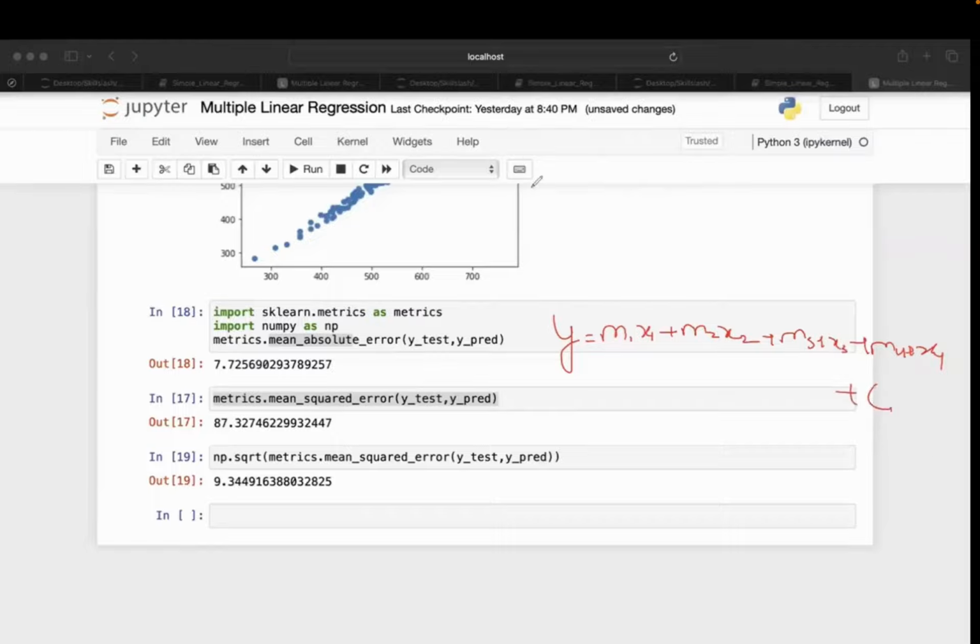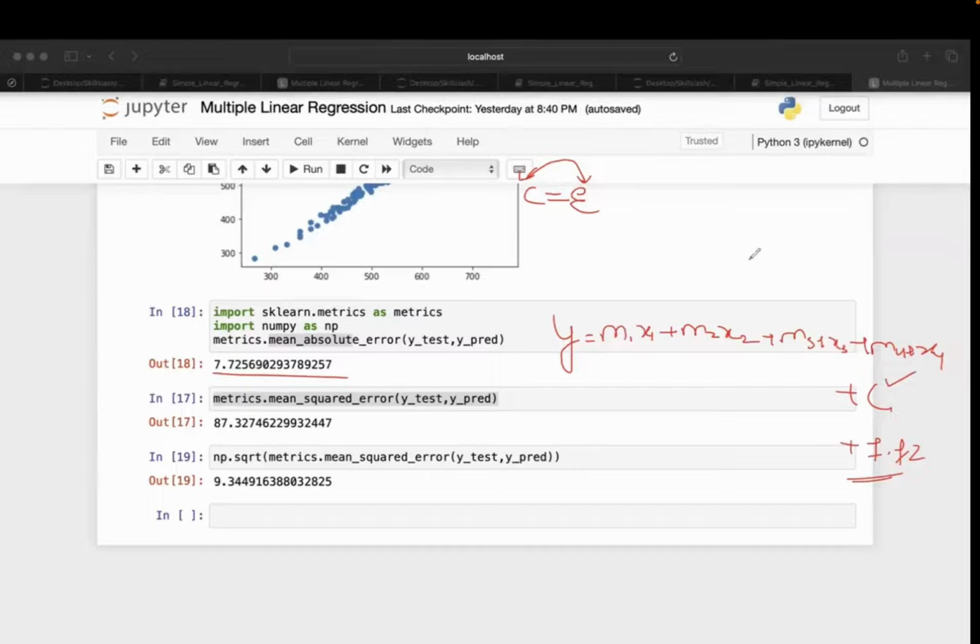Sometimes we write c as epsilon as well. They both are the same thing. Here you call that the intercept, or in linear regression, we call that the error. Since we are writing c here, the value of c we are picking is the mean absolute error. So can I simply write 7.72 something? We already identified the value of c.